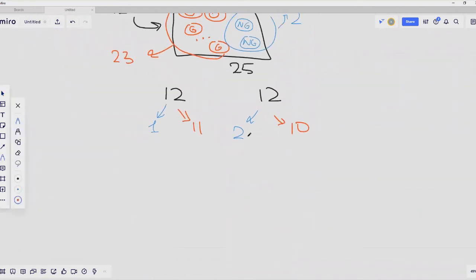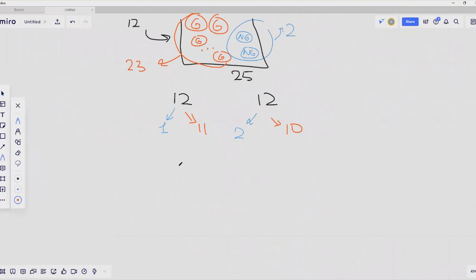So this problem is also modeled by hypergeometric distribution.